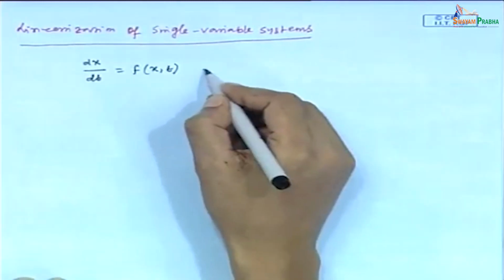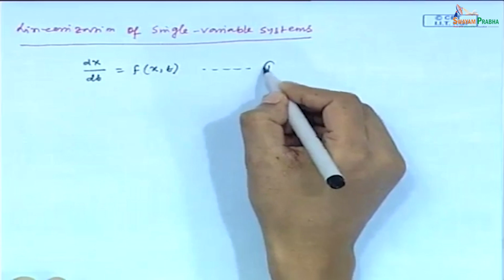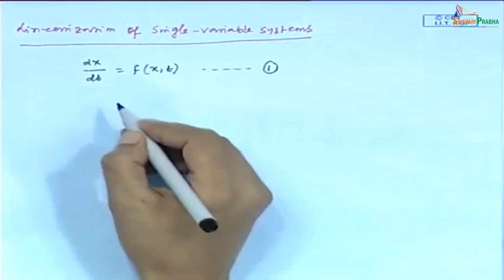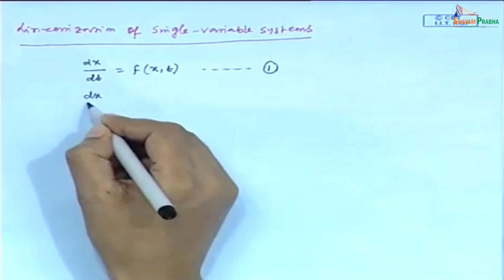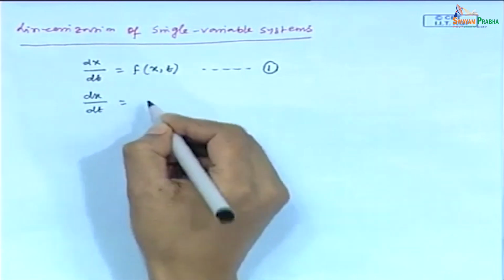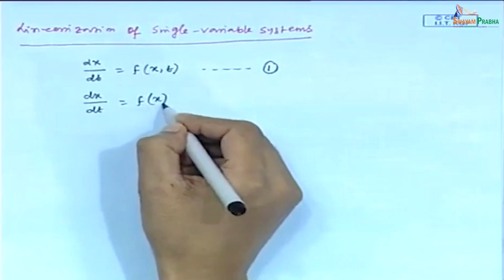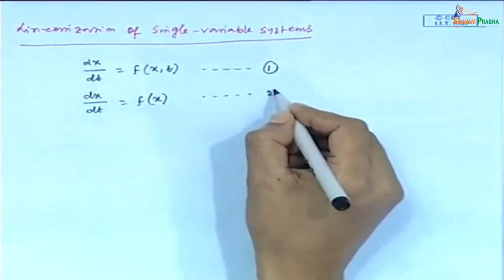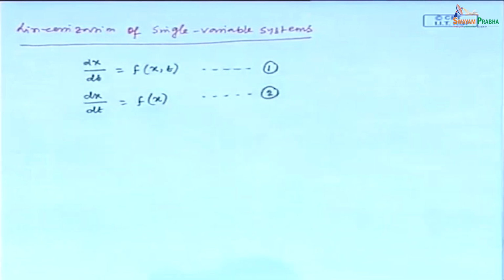Suppose this is equation number 1. Here x is the only dependent variable, and t is the independent variable. That means x also varies with time. So, we can omit that time t within this function, and we can write it in this form also. This is suppose equation number 2.